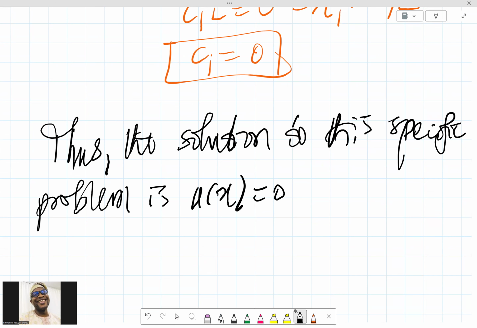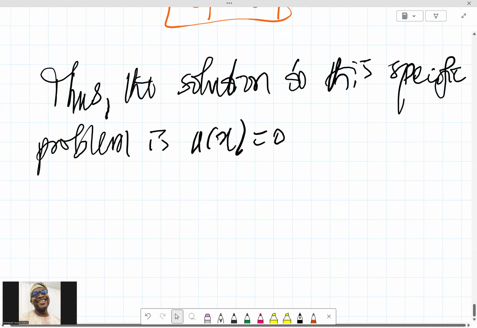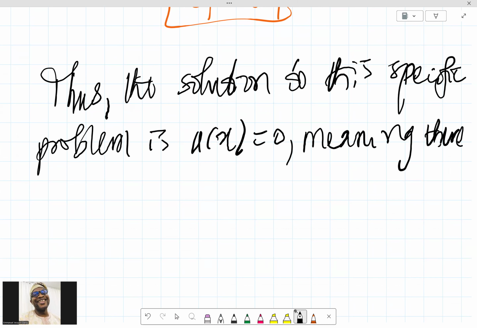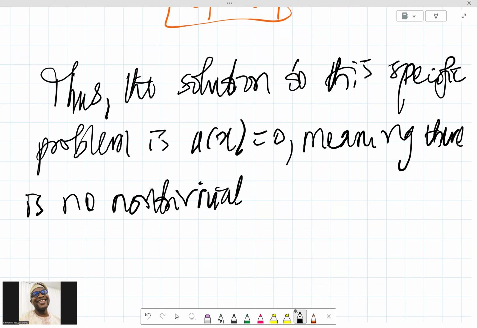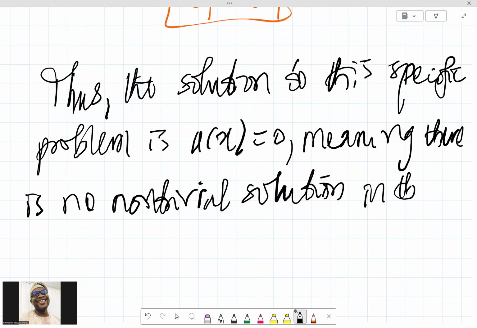Okay, so it's stationary, meaning there is no non-trivial solution in this case. So that means all the solutions are trivial.